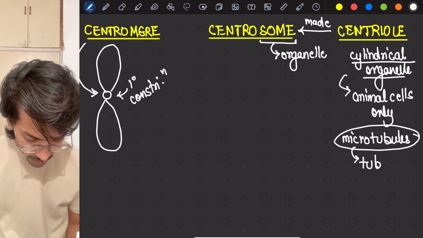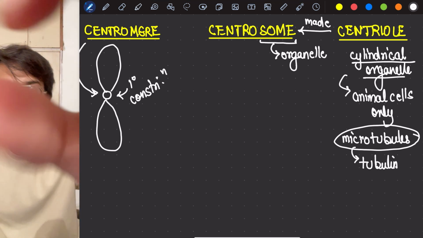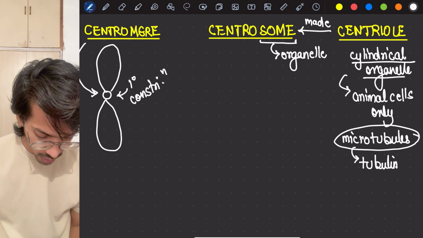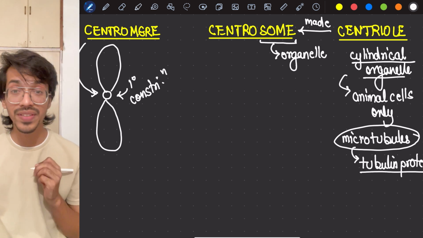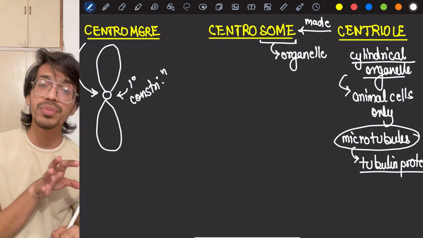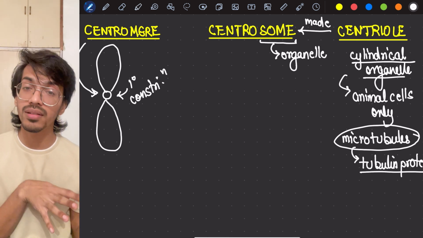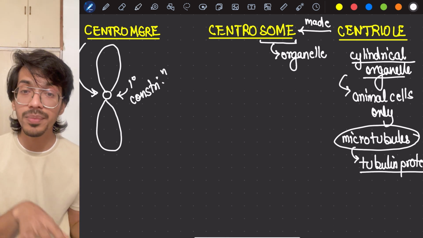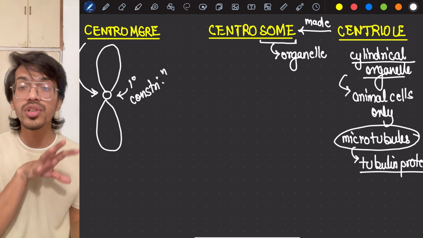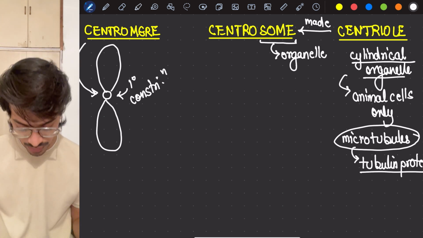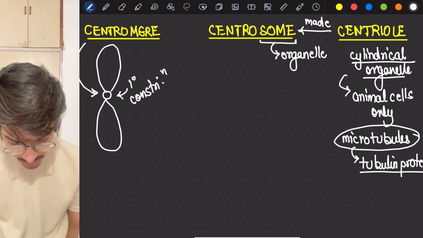Tubulin protein. So this thing you have to remember. That is given in NCERT, that the microtubules' basic unit would be what? It is tubulin protein. Tubulin proteins form a structure called microtubules. Now the arrangement of these microtubules is very important. So let's just make you see how this thing will look.